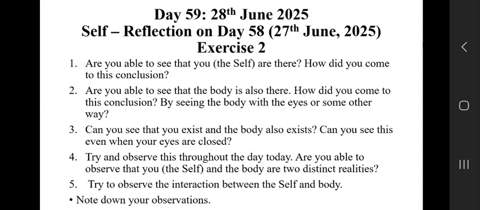In the previous discussion, Didi, you said to directly observe. When I was trying to directly observe the self and the body, at that point of time, I thought I understood that. Something more clear came to me.